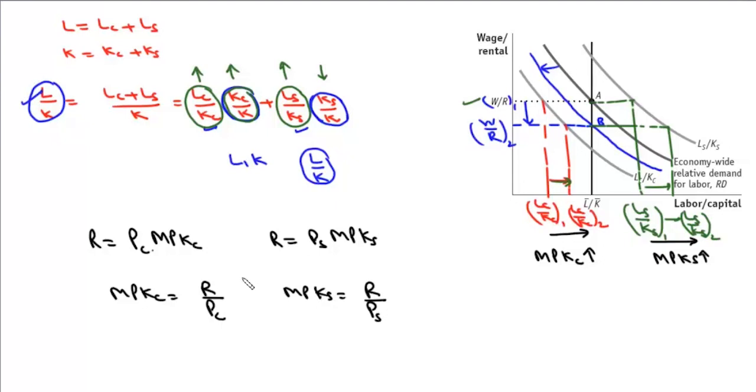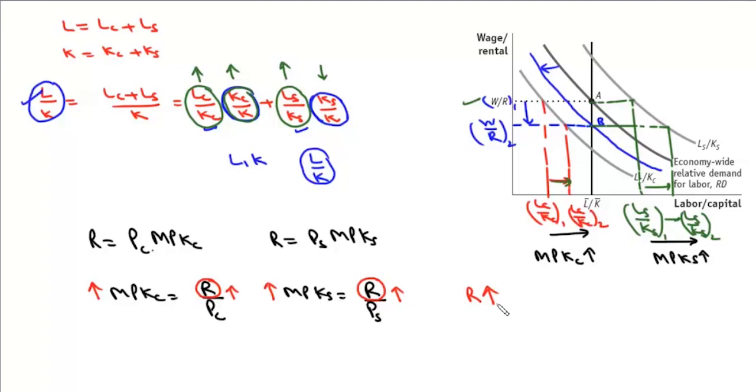Now as we already know, the hexagonal model is a long run model. So rental on capital is going to equalize for both the industries. So now with increase in marginal productivity of capital, we can clearly say that the real rental is going to go up. So the amount of computers that can be bought with this rental R, as well as the amount of shoes from the same rental R, they both increase.